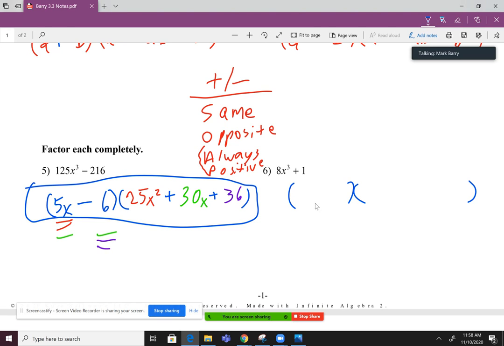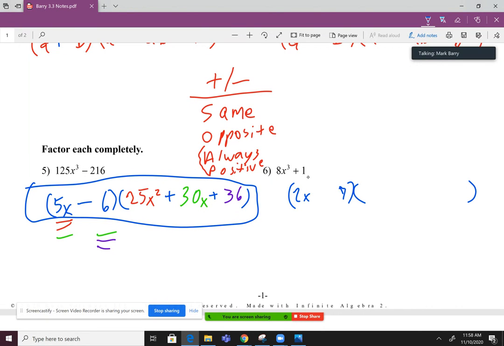All right, let's see if we can fill out the small parentheses on your own, okay? I'll give you 15 seconds here. What goes in the small parentheses? All right, so 8 is 2 cubed, so I'm going to put 2x right here, and I'm going to put 1 right there.